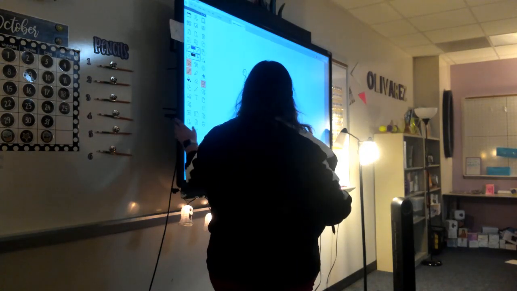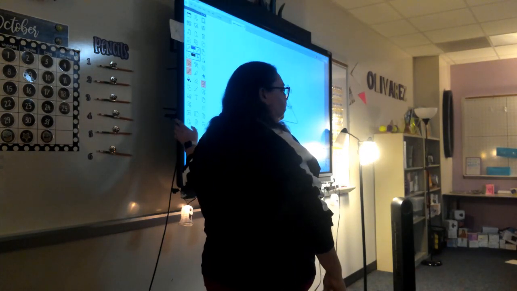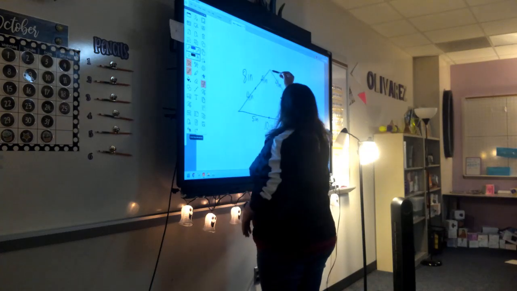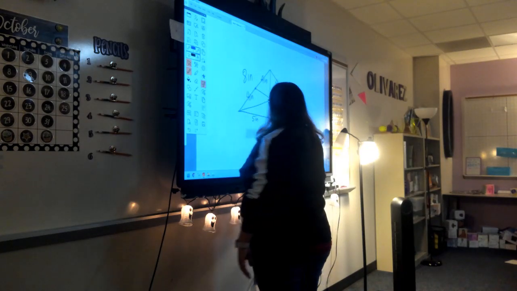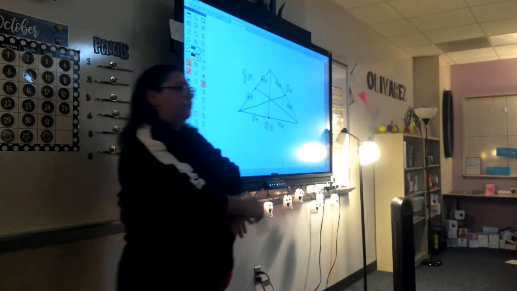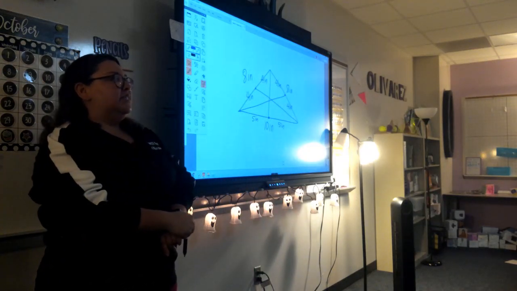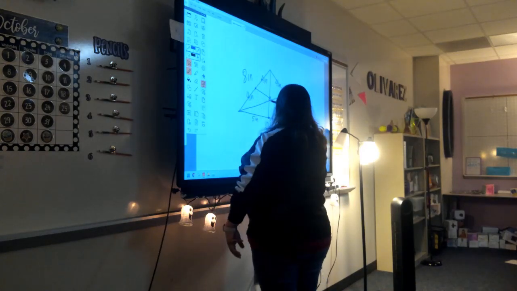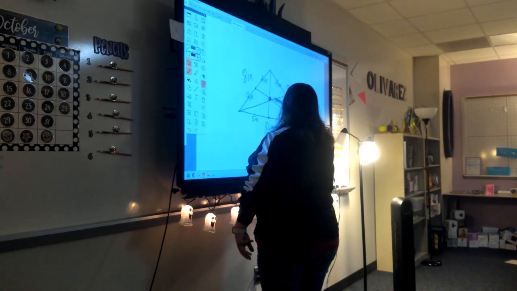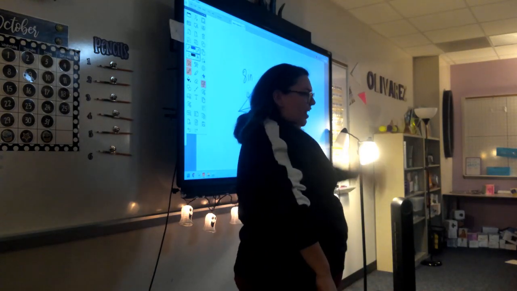No. Connect them to the vertex on the other side. Is this a super hard project? No. But look up. Does that connect beautifully? No. If you get this and then you do this, I'm throwing it in the trash. That is not a centroid.